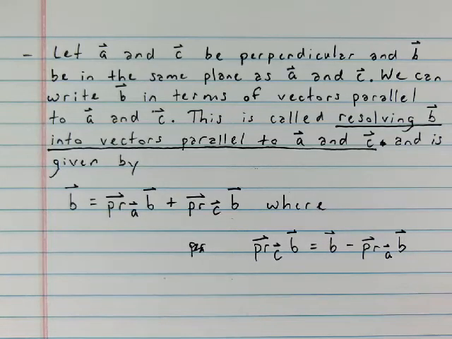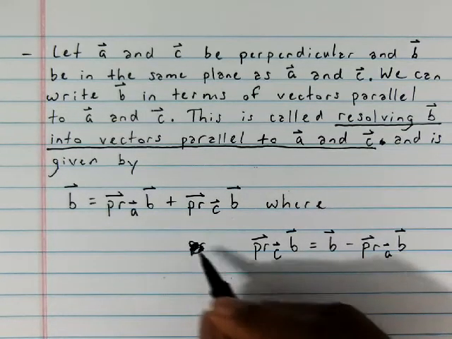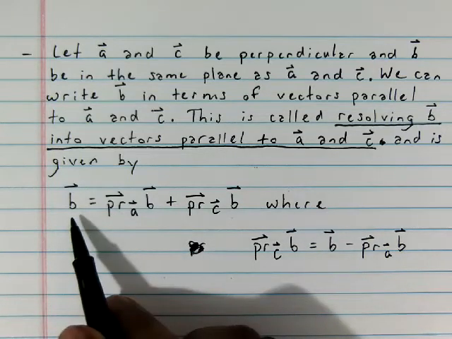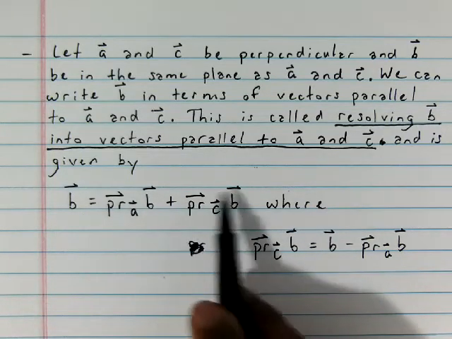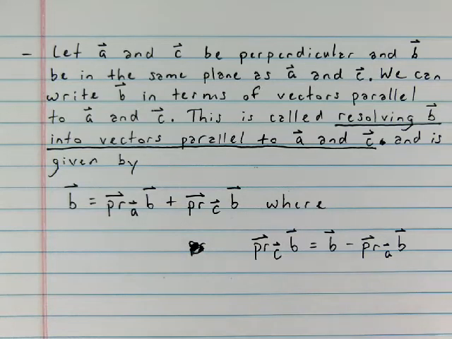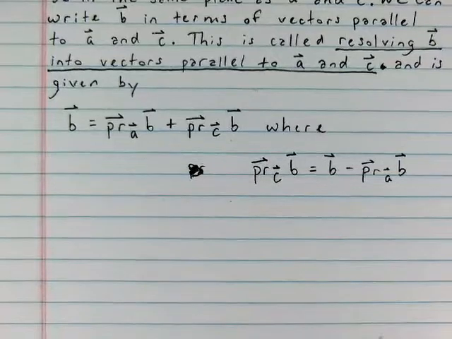This saves us a little time in computation. So we want to rewrite b as this vector plus that vector, so we need to find both vectors.